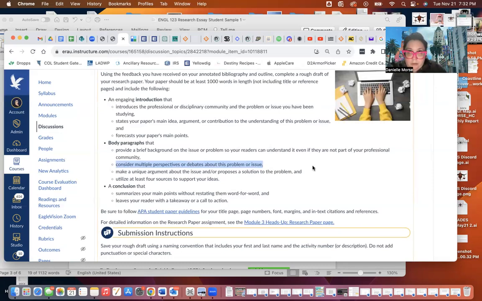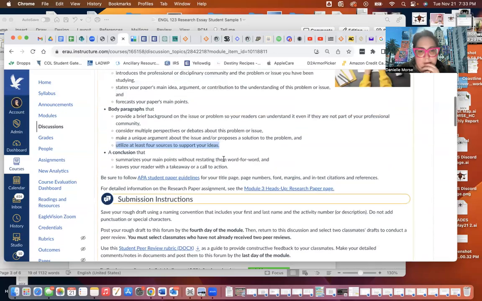Everything I talked about in the sample was much more of an order conversation. The argument is part of the thesis statement that you continue to develop through the sub arguments or the various arguments in your body paragraphs. Okay.